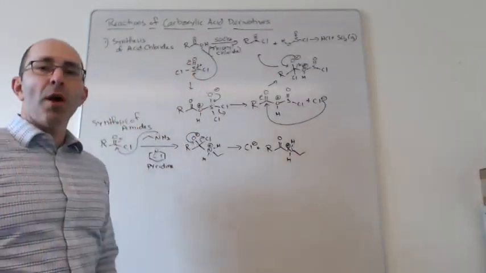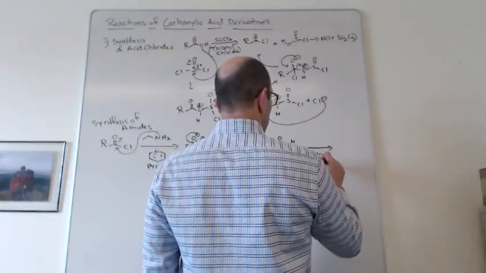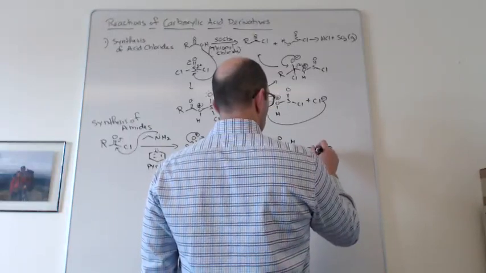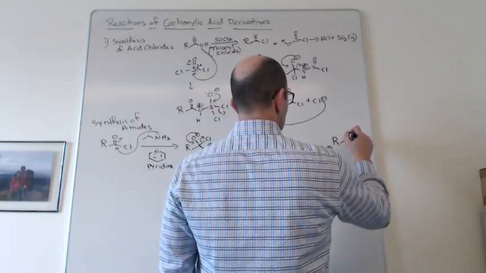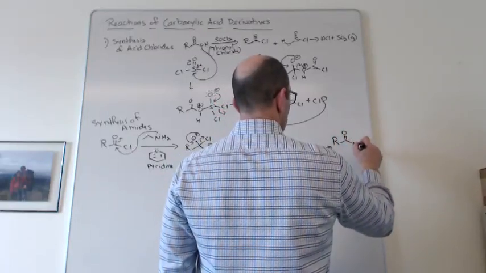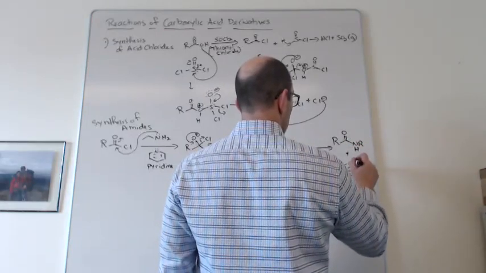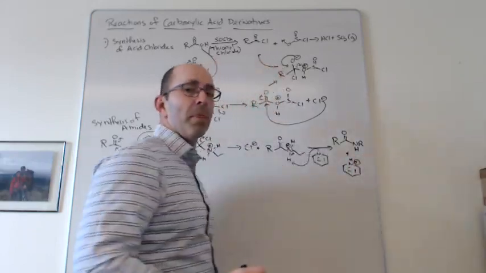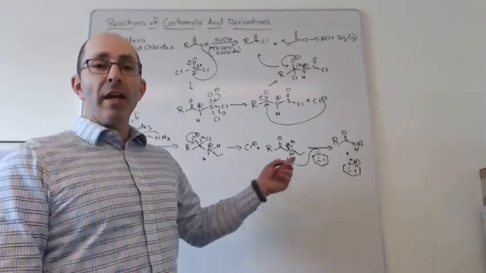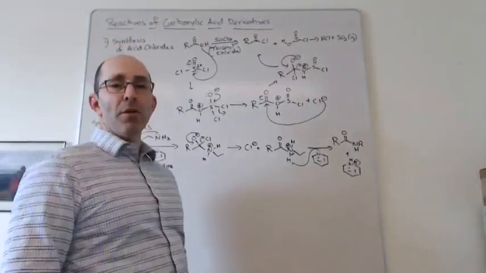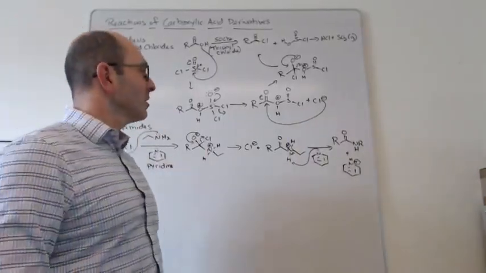And then to get to our neutral product, we need to deprotonate, and that's why we have pyridine around, so that we can deprotonate. So that's going to give us our amide plus pyridinium, right? And again, it's better to have pyridinium chloride than having HCl, because HCl is going to react with other things in the molecule and protonate things we don't want protonated, right? And so that's our formation for the synthesis of amides.